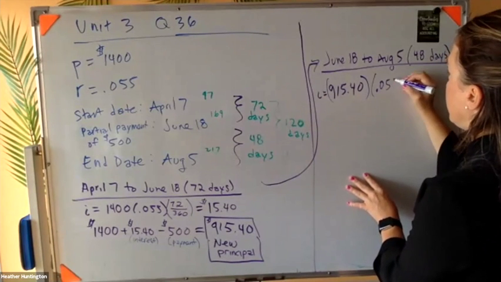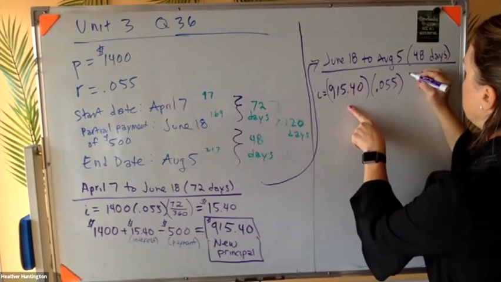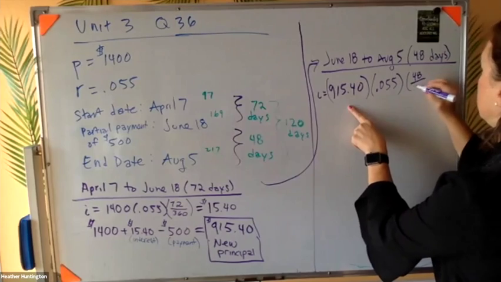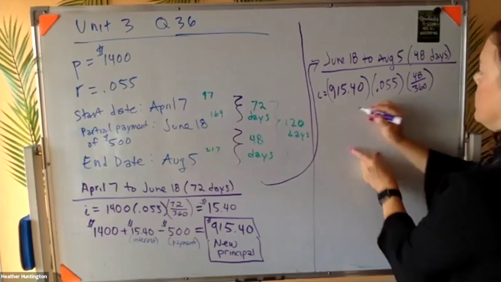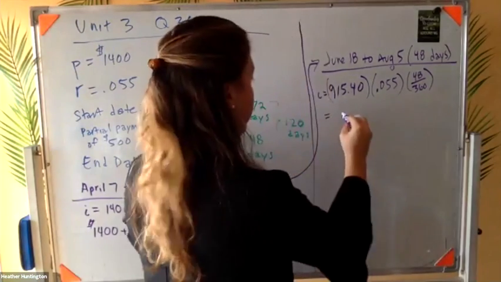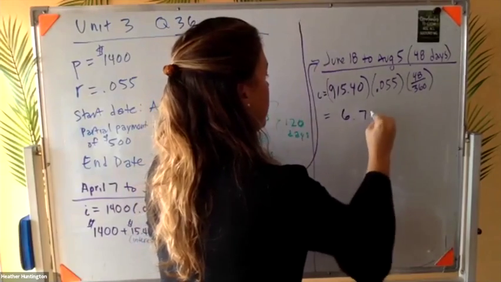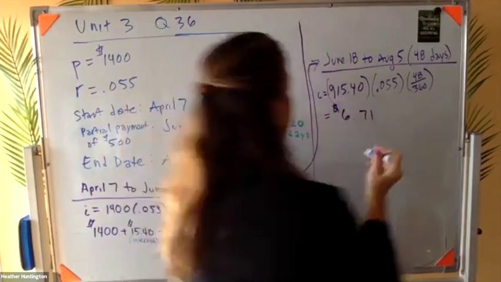It's still 5.5%, but it's of a smaller number. I got 6.71. Good. That's the amount of interest now in that period.